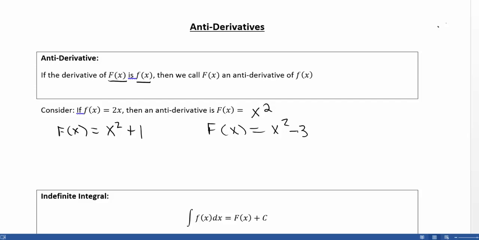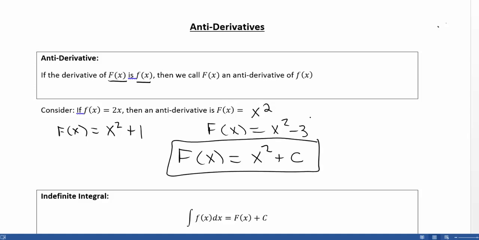So when we find the antiderivative of a function, in order to talk about all these different antiderivatives, we notate it x squared plus c. That means we're recognizing that the function itself has to be x squared, but we could add or subtract any constant we wanted and it would still satisfy our definition of antiderivative.